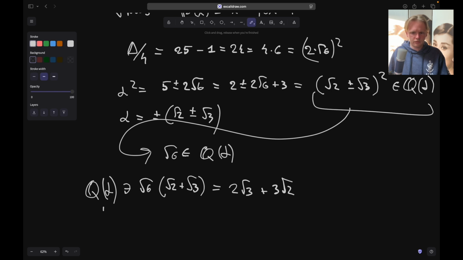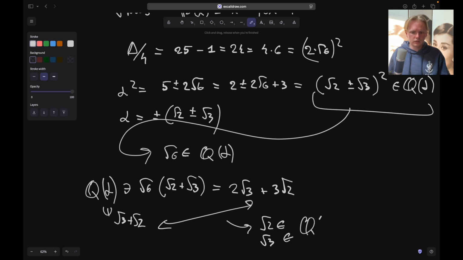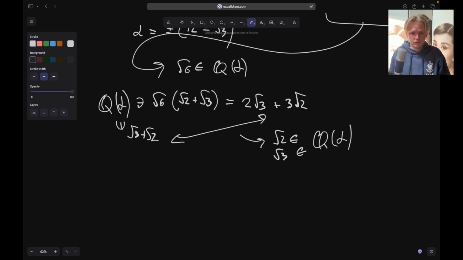So inside we have square root of 3 plus square root of 2. So we take those two together, and you can easily check that if you subtract this one from these 2 times, we get square root of 2 inside, and square root of 3 also inside. Great. Thus the extension is Galois.